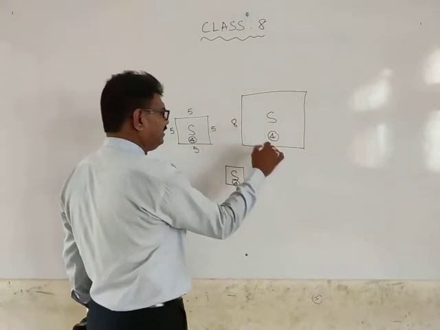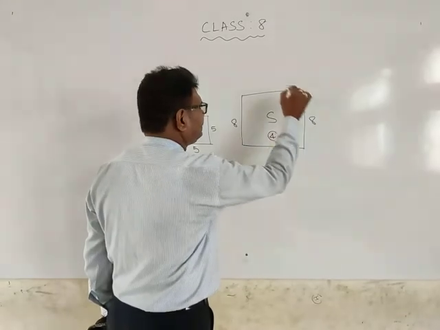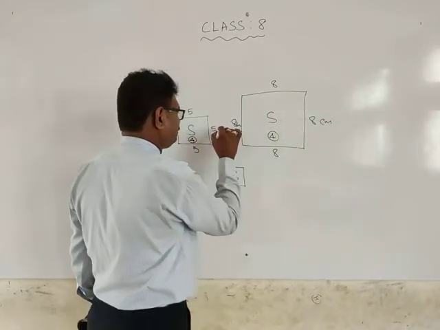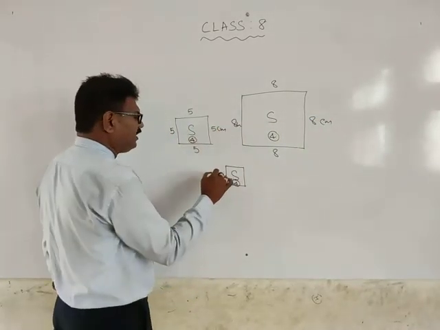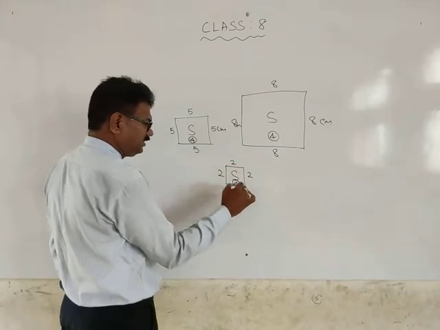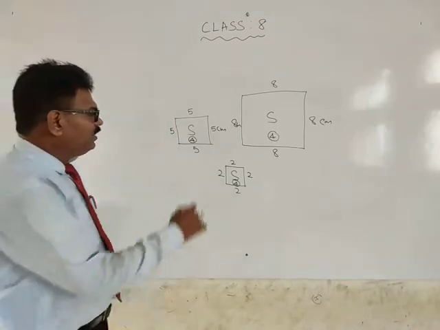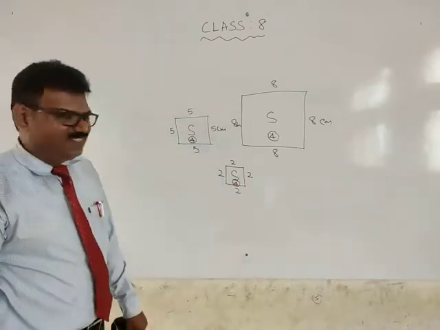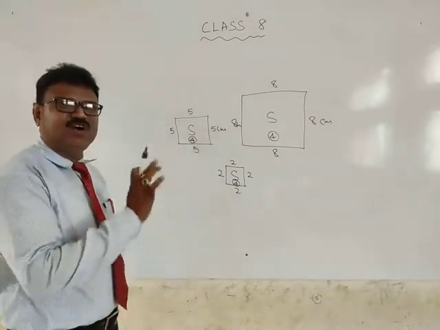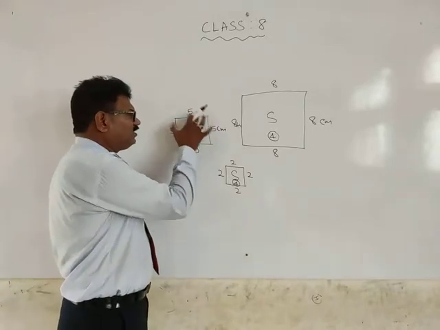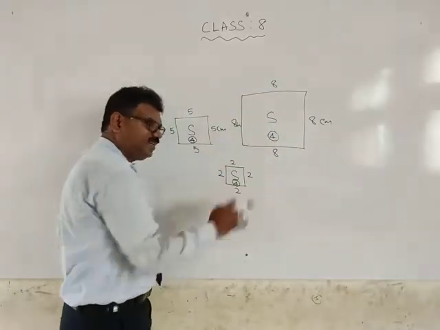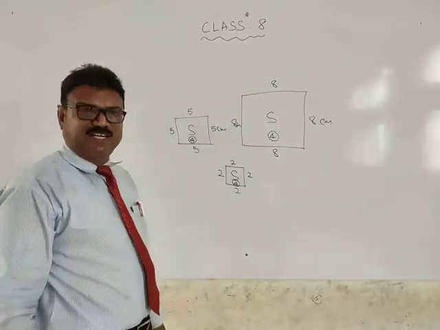Here it is 8 centimeters on all sides. If you take this one, it is 2 centimeters on all sides. If you observe the difference between these three figures, in the first figure all sides are 5 centimeters, in this all sides are 8 centimeters, and in this all sides are 2 centimeters.